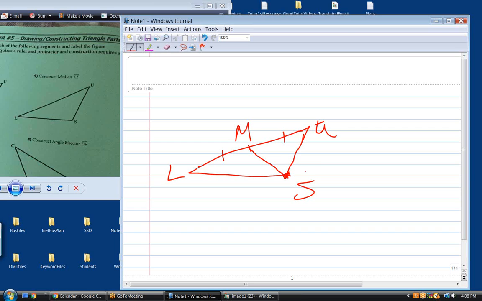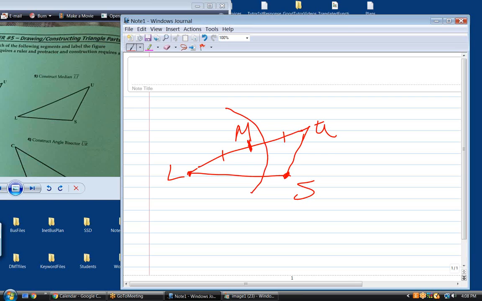Here's the way you would do it. Let's eliminate the median first of all. We're trying to find the point M that is halfway between L and U. Well, if we put the needle there and make sure that the distance to the pencil is more than halfway and draw an arc, we'll get an arc like that.